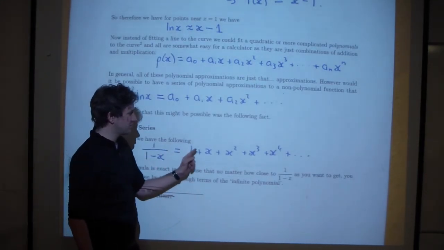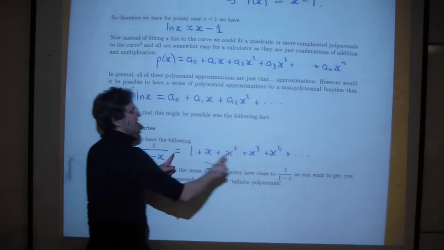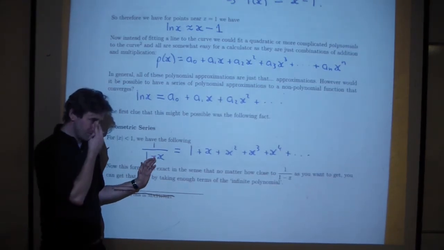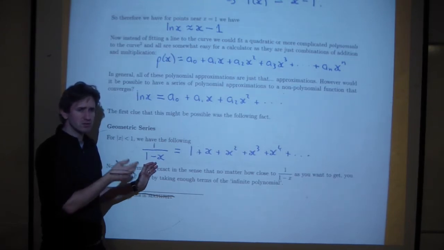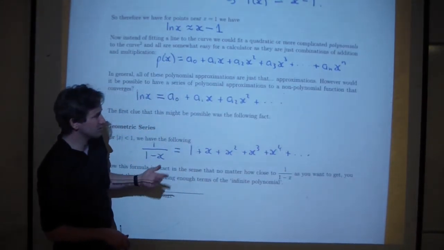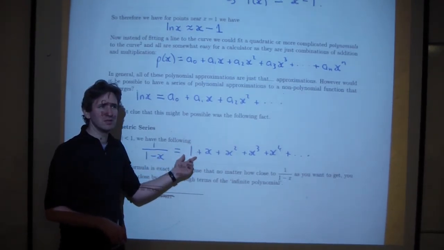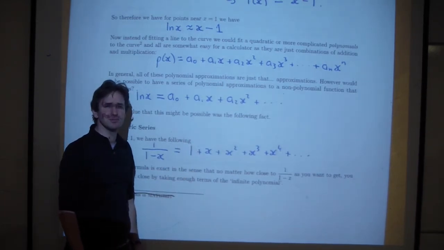Now, it's difficult to add up infinitely many numbers, but the meaning of this and this together is that this thing is equal to 2, and you can get as close to 2 as you want, as long as you add up enough terms. So maybe you want to get within 80 billion decimal places.